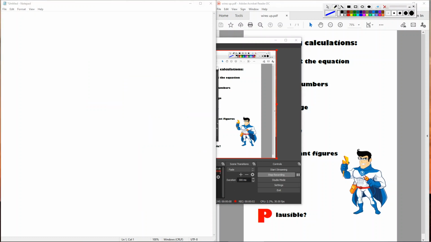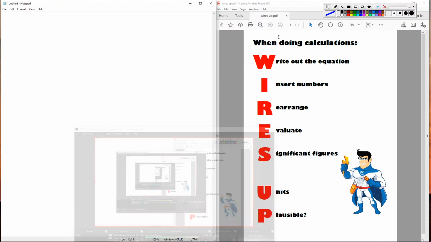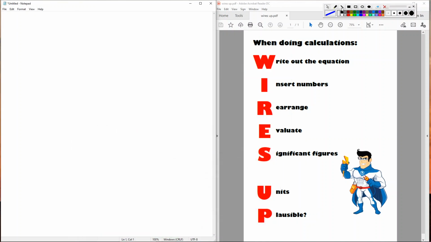Hello, so we're going to have a look at some further calculations using speed as distance over time. So let's imagine we have something which is traveling at 7.2 meters per second.